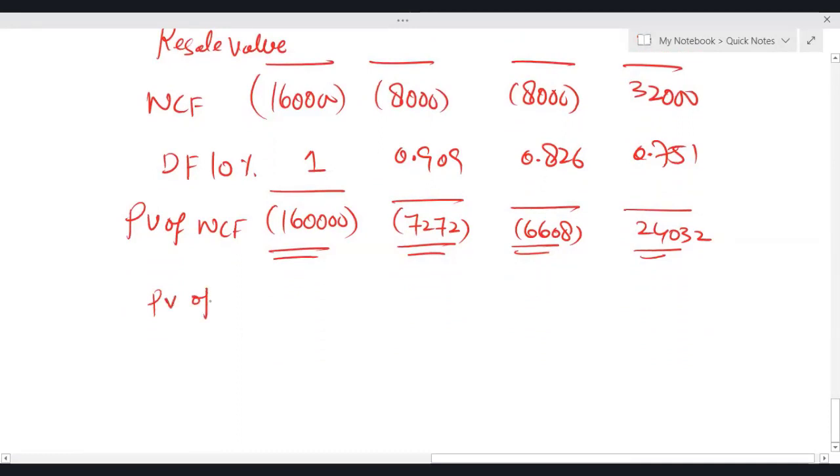Present value of the 3-year replacement cycle.